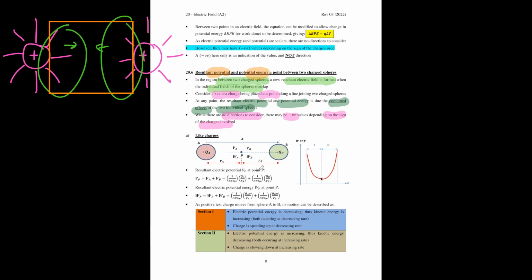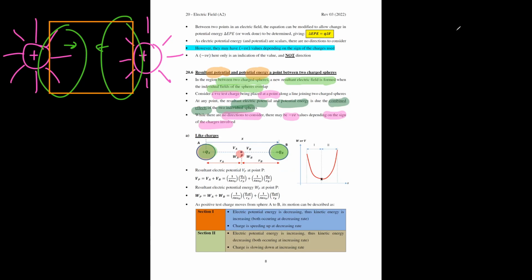Okay, so let's look at the first example here, where you have both positive charges. You're interested in a point P somewhere between the two charges. So you need to consider the effects due to A and then the effects due to B before adding them up.